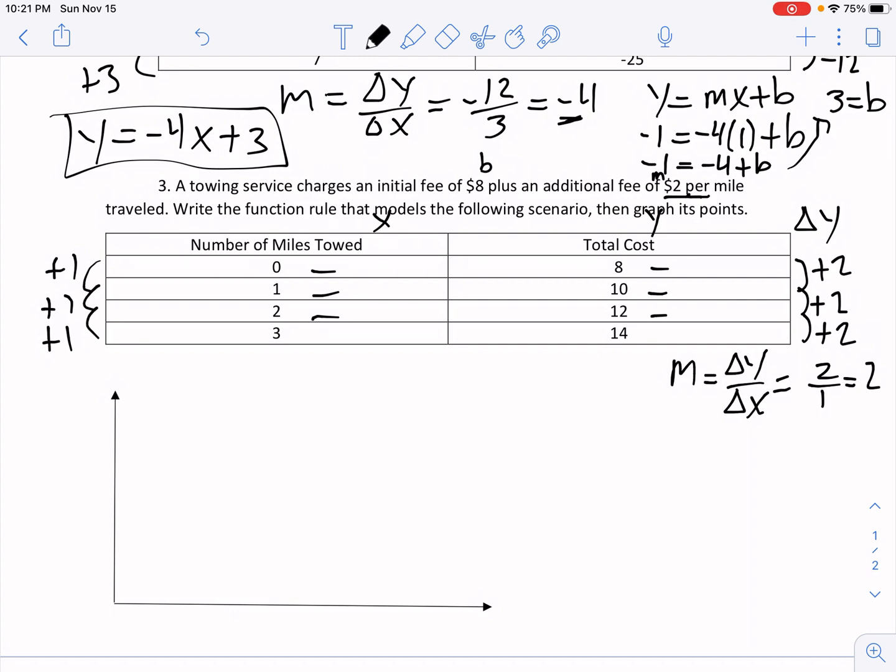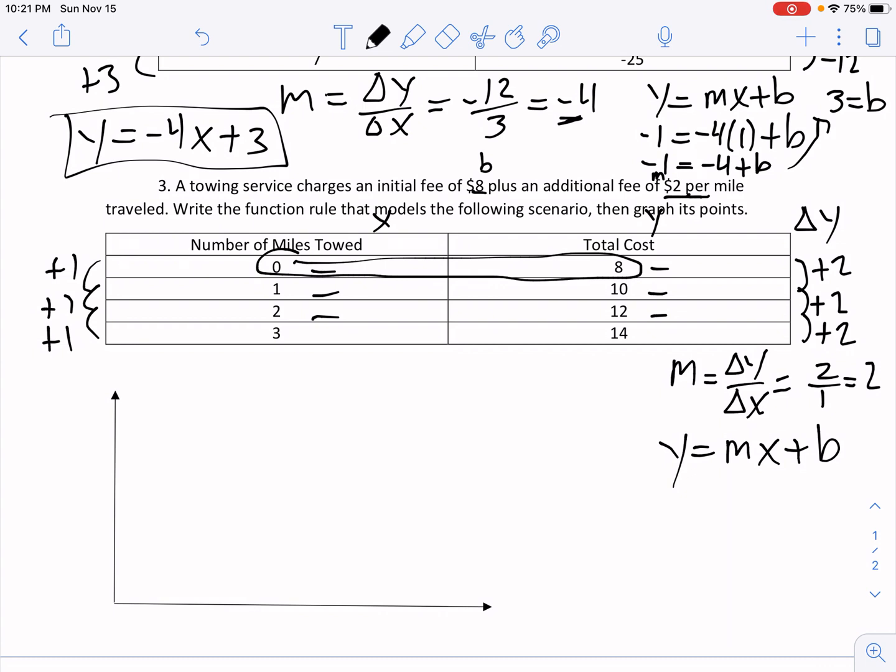So now that we know our slope, let's write our equation. Again, we could just use b here. We would know that b is 8, but let's see if we can use our equation and points to get 8 as well. Let's pick 0 and 8 to be my point, so let x be 0 and let y be 8.